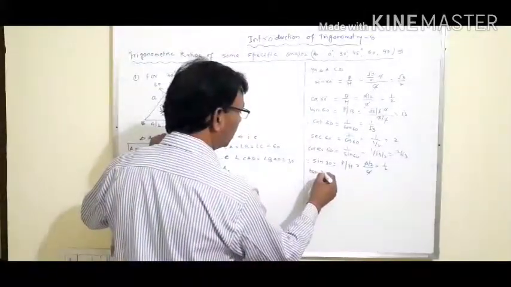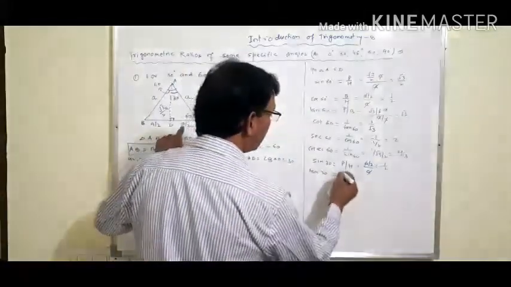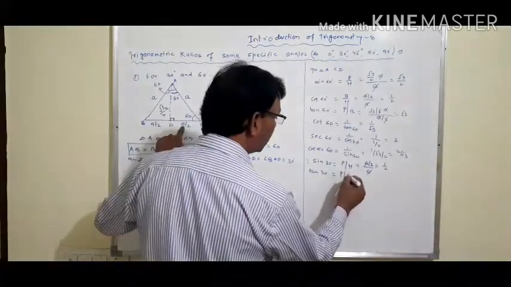Tan of 30 equals perpendicular upon base.